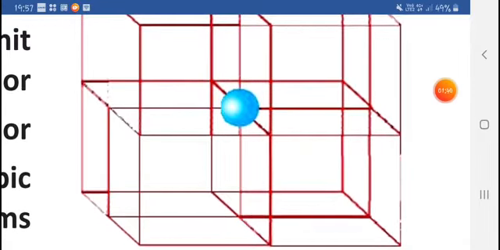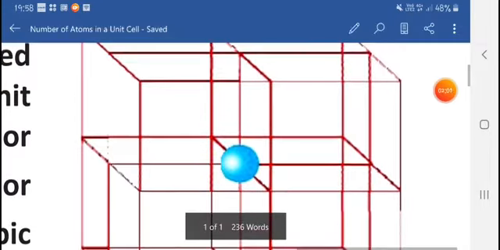If you consider any one, then one is in its adjacent 2, and in front of these two we get 2 unit cells. In total we get 4, and these 4 form a plane, and when this plane is repeated over itself we get another 4 unit cells.